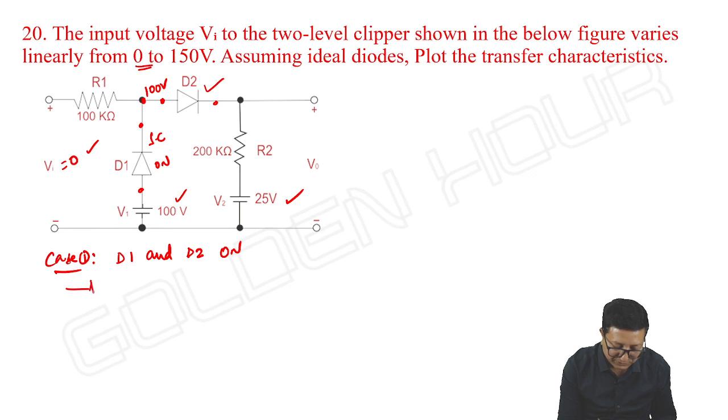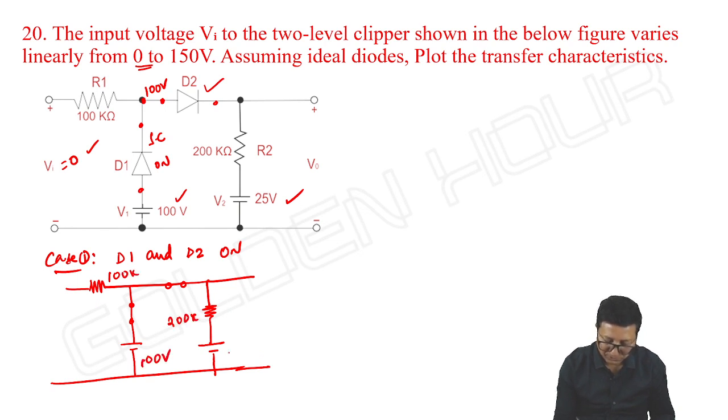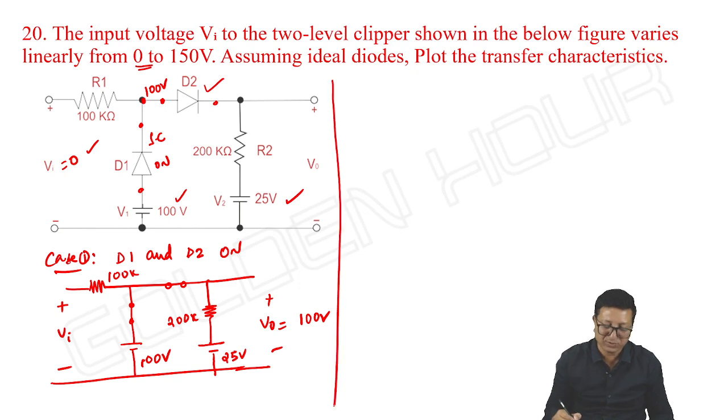So this is the equivalent circuit. From this equivalent circuit, what is the output? It is simply 100 volts. First case, done. How long is this valid?